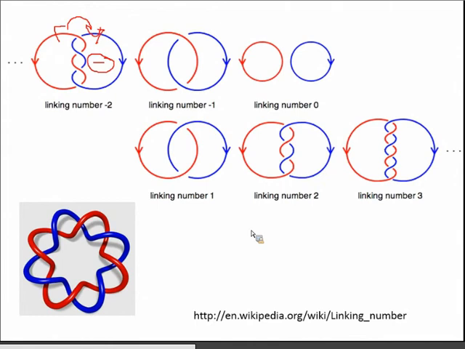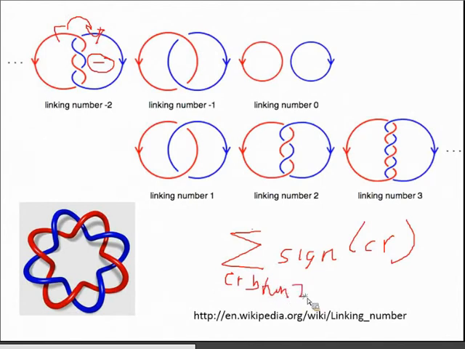For our linking number, we add up the signs of all the crossings between the two links. And then we divide through by 2 because we want a full turn.